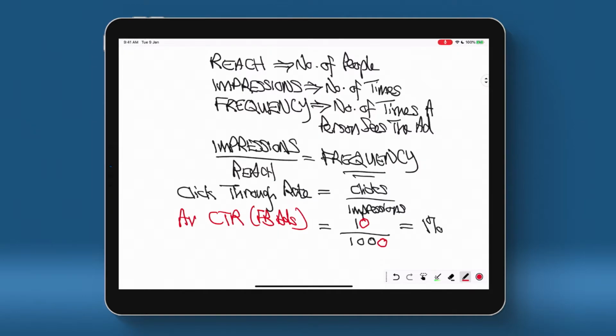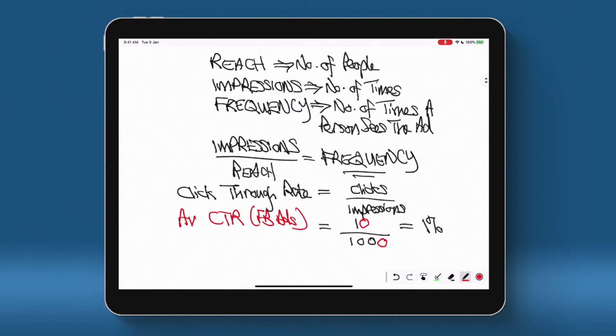So now you have a basis and a benchmark to determine whether your ad is performing better than the rest or worse than the rest. And knowing this is important because it tells you whether you should be taking immediate action and start to panic, or are you doing okay and pat yourself on the back.